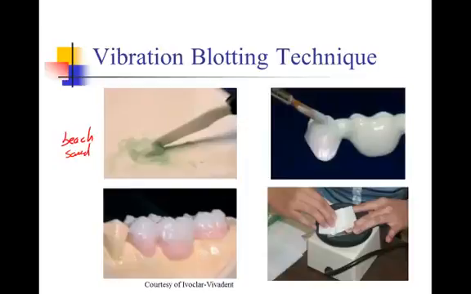Like when you go to the beach, the sand that the water has recently touched and then receded has a moist appearance to it, and it'll feel solid under your feet. But then if you make a rhythmic motion by tapping your foot on the sand, the mixture of sand and water that's there will become watery. And the same thing happens to this slurry. And that's why we call it vibration blotting.